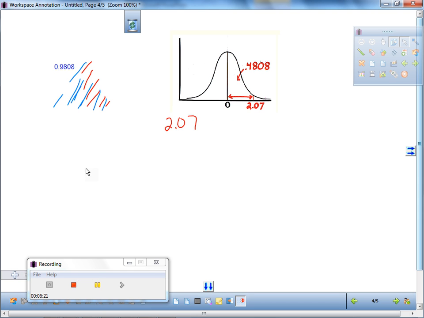So we're going to take that number and subtract 0.5 from it, and what we'll end up with is 0.4808.